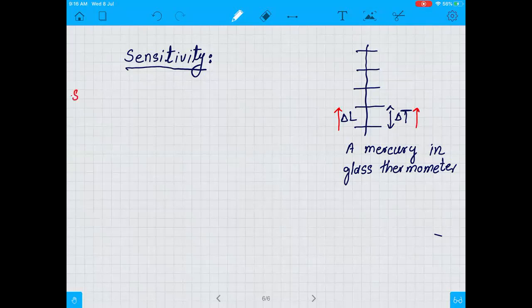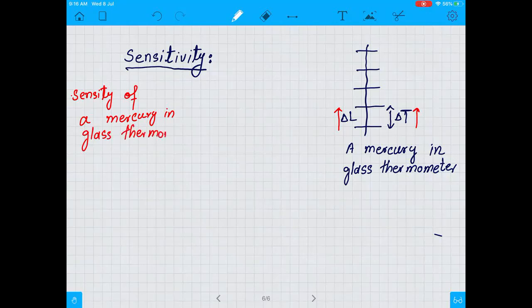So sensitivity of mercury in glass thermometer can be defined as change in length per unit change of temperature.